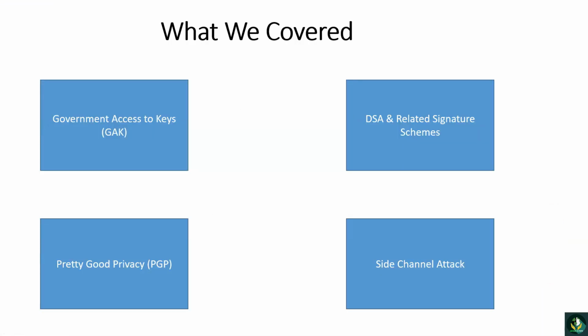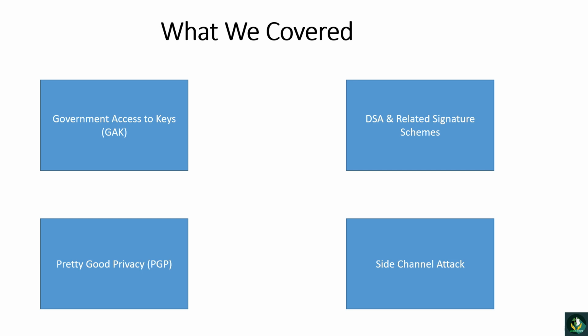So we added a couple of conversations and a couple of technologies to what you learned from the previous lectures. One of the things we talked about is government access to keys. This has become a huge topic right now, and it's something you as a security professional can get involved with.